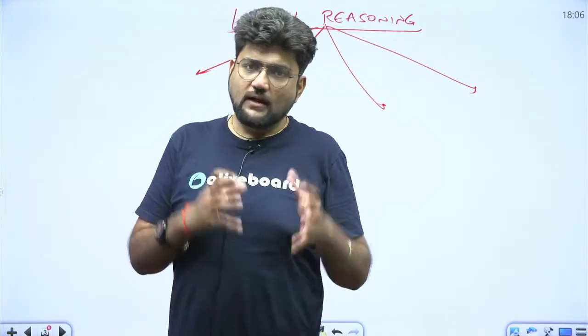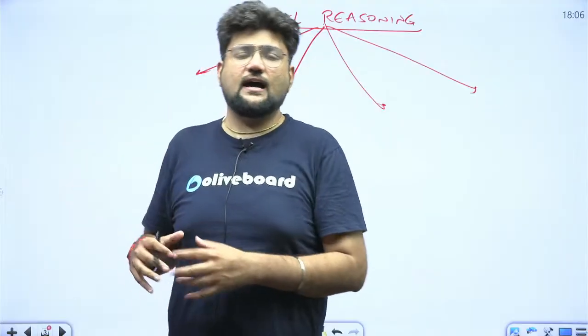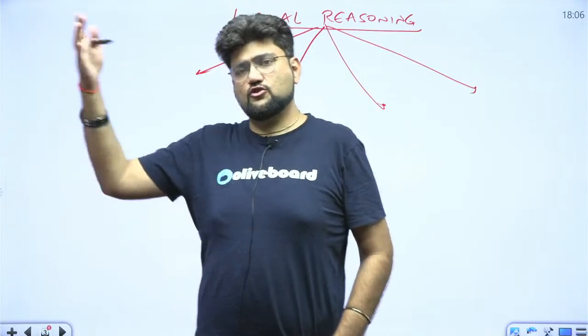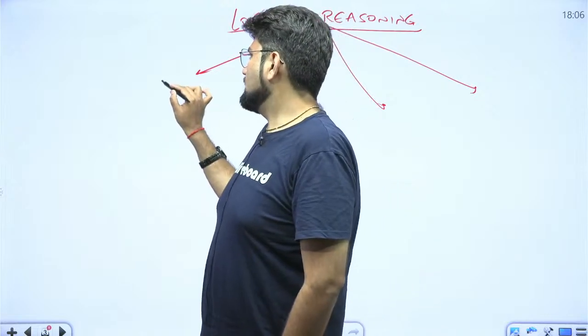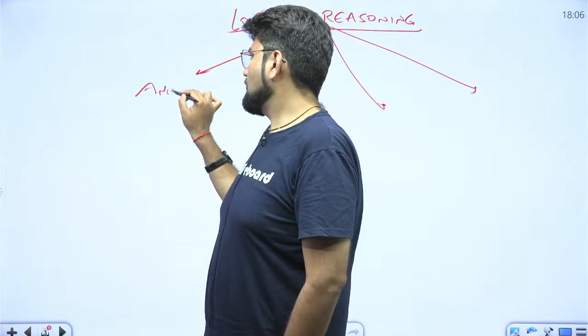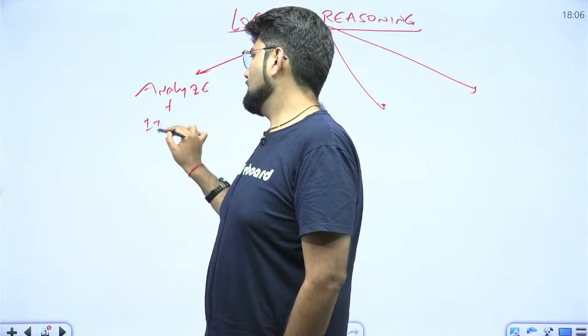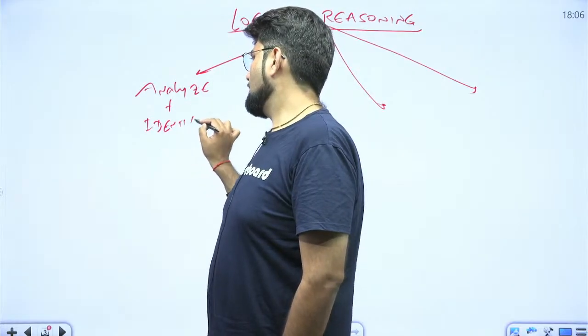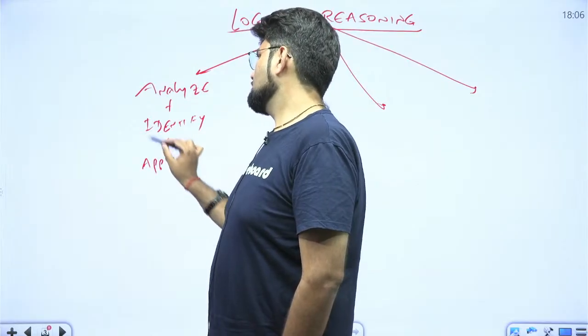Once you identify the pattern or the logic, you apply this to another set of data to get your correct answer, which you will choose from the options. Clear? So you understand, you analyze, you identify, and you apply.